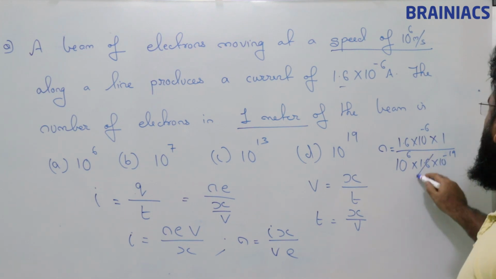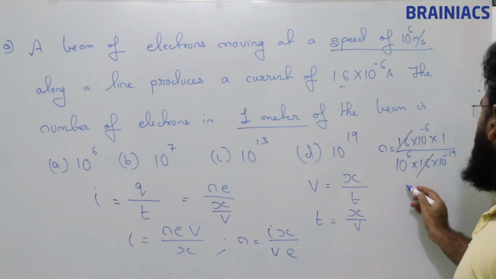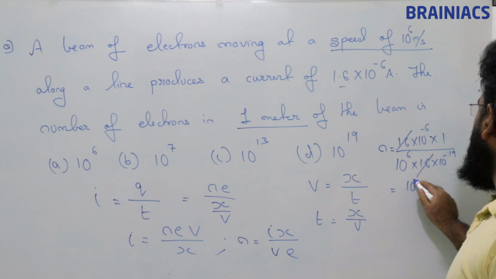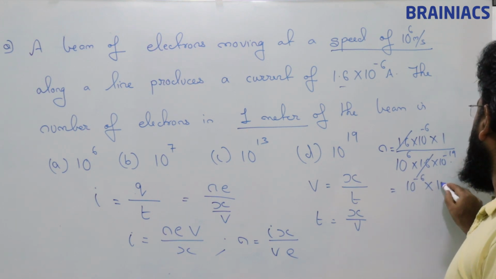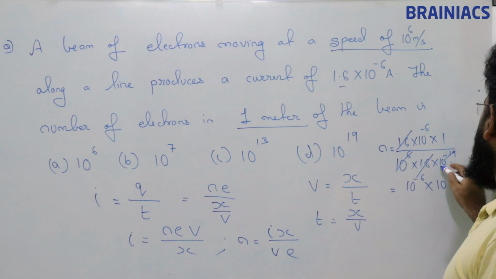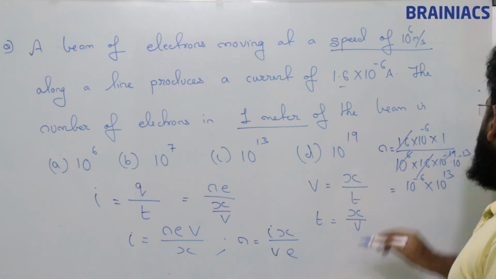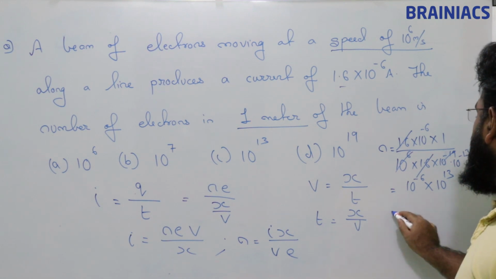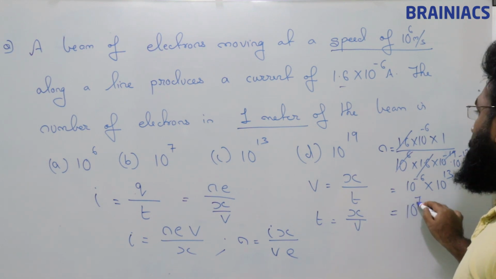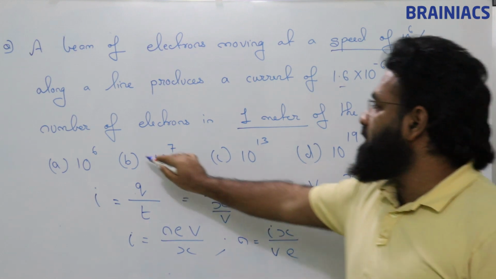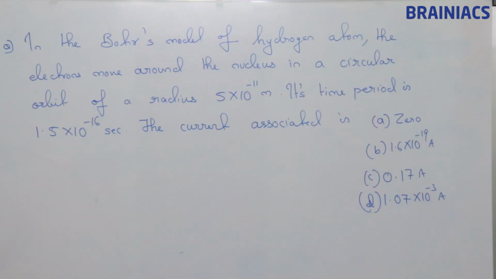So here 1.6 can be cancelled off. Then 10 raised to minus 6 and 10 raised to minus 19 when we cancel we will be getting 10 raised to minus 13. When it goes up, 10 raised to 13. So 10 raised to 7 we are getting. Answer is option B. Next question.